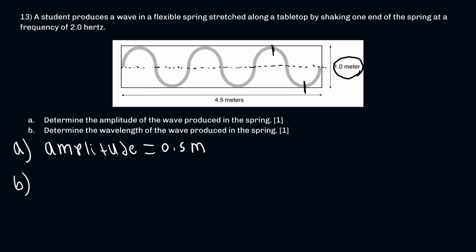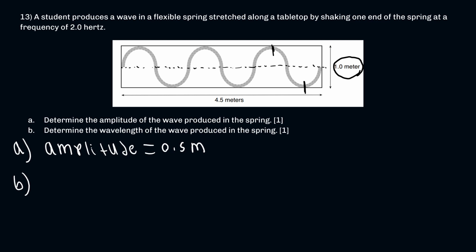What I have there on the bottom is the total distance of the entire spring or the wave in this situation. So I cannot use the distance between crest to crest or trough to trough or from one cycle to the other. My third way of doing it is when I'm given this total length, I can then figure out the amount of cycles present in the wave and take the total length divided by the amount of cycles and end up with the wavelength that way.